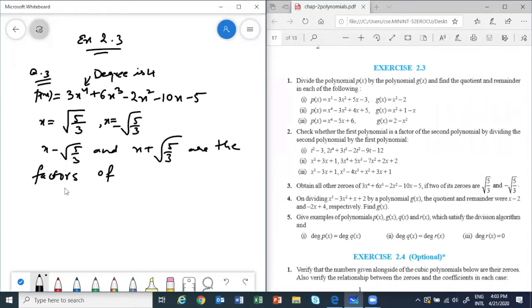We have two factors, so if we combine them, we get one quadratic factor: x minus under root of 5 by 3 into x plus under root of 5 by 3 will be a factor of p(x).